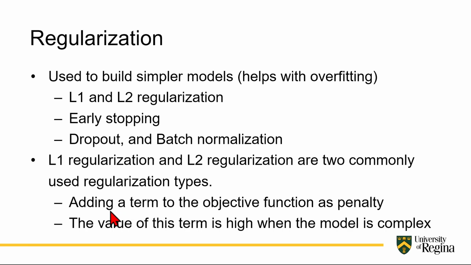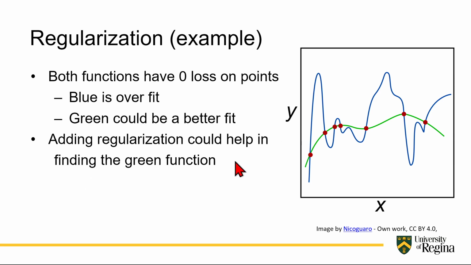What we do is add a term to the objective function as a penalty, and when the value of the term is high, the model is complex. Imagine you look at these two graphs or functions here. The green function has a perfect match, and it goes over all the different points that we have.